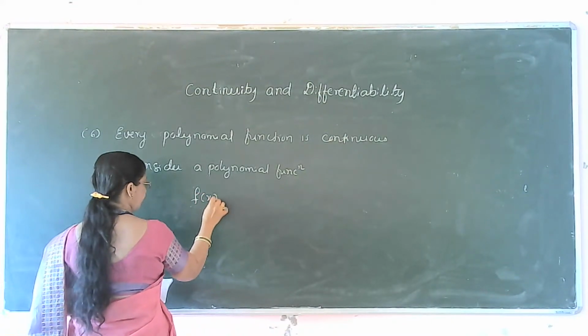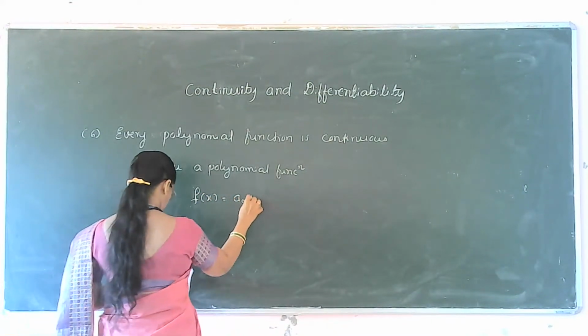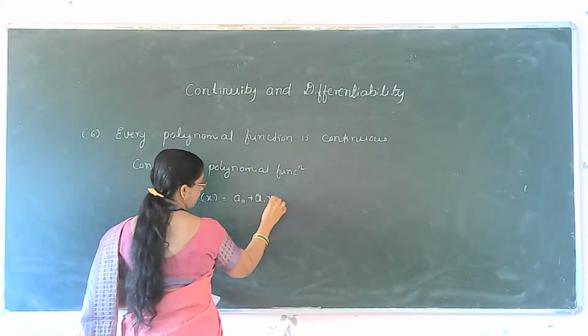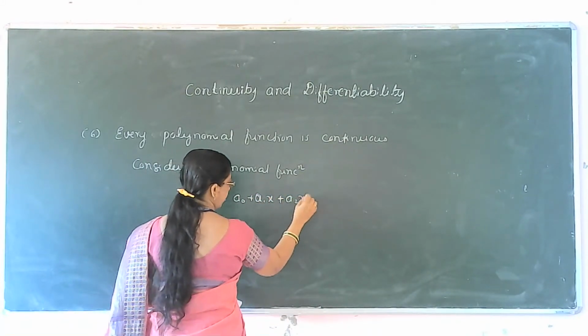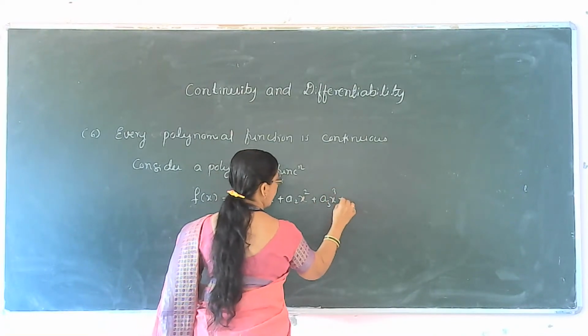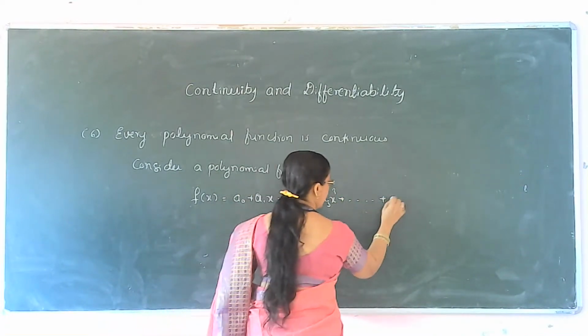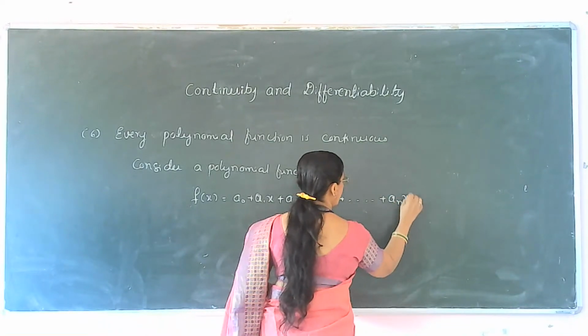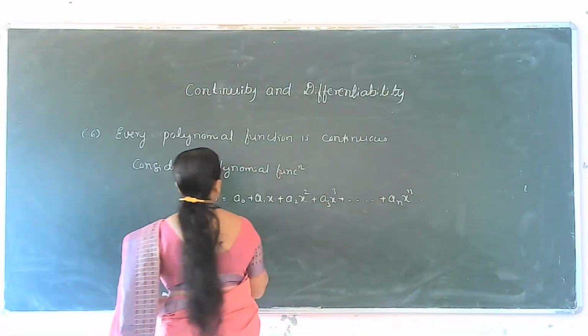f of x equal to a0 plus a1x plus a2x square plus a3x cube plus up to an x to the power n.